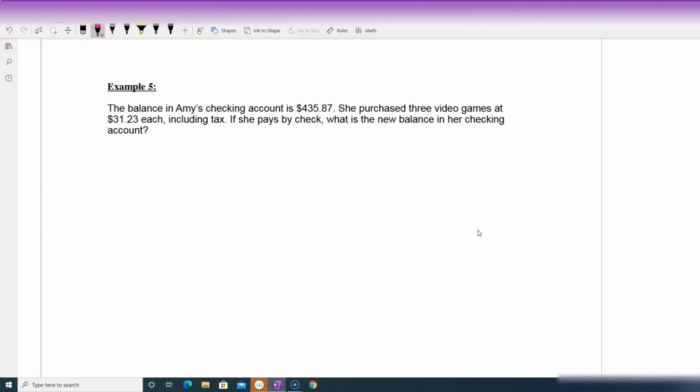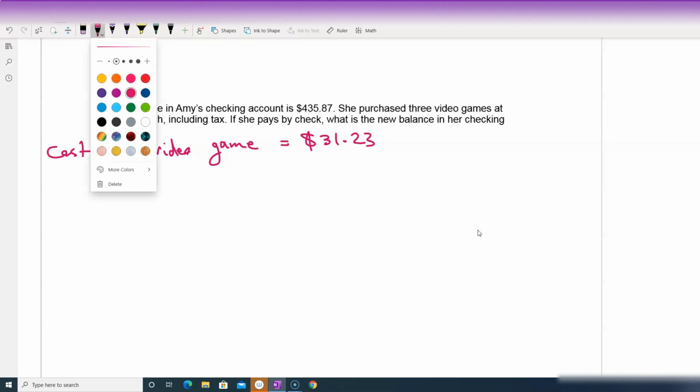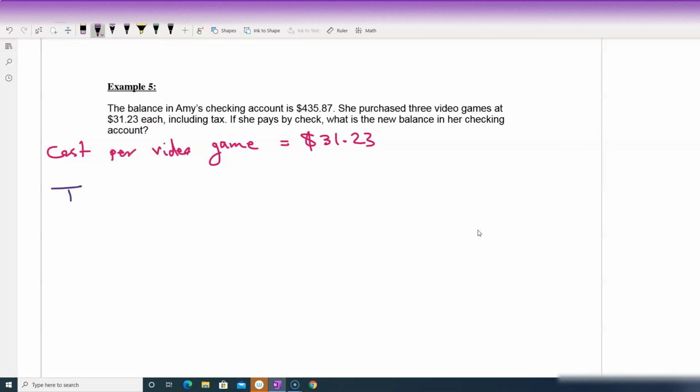If she pays by check, what is the new balance in her checking account? So the cost per video game is $31.23. Now finding what the total cost is.